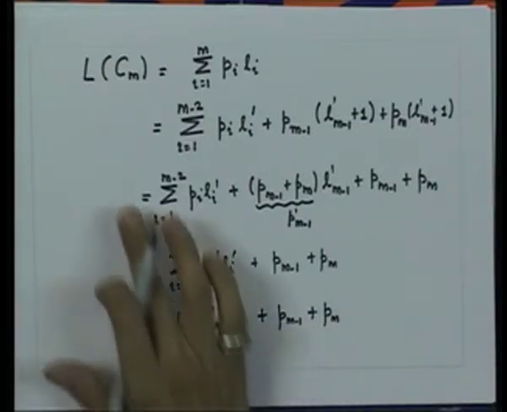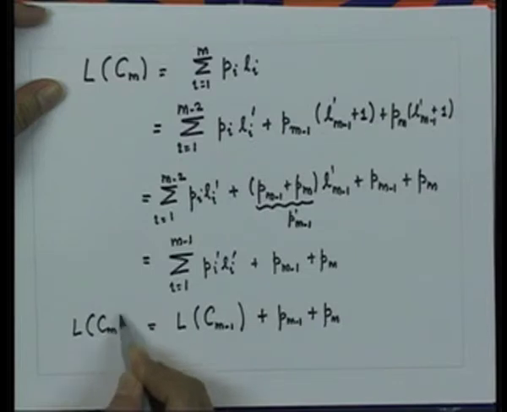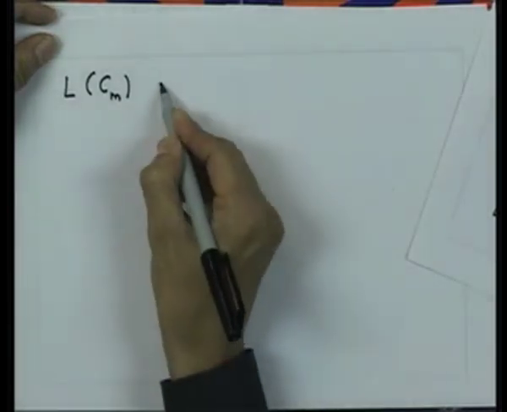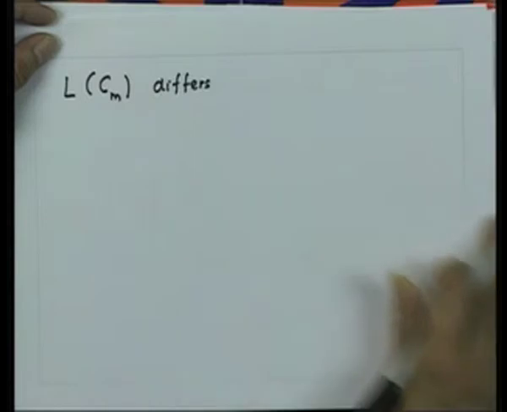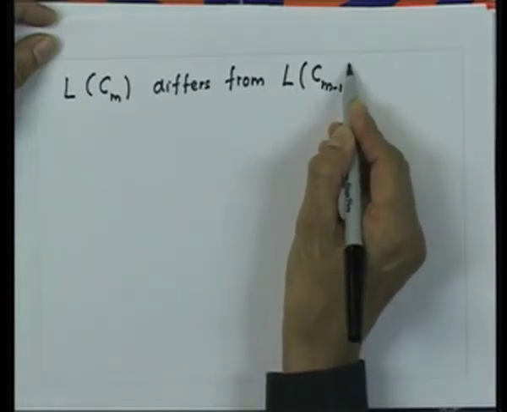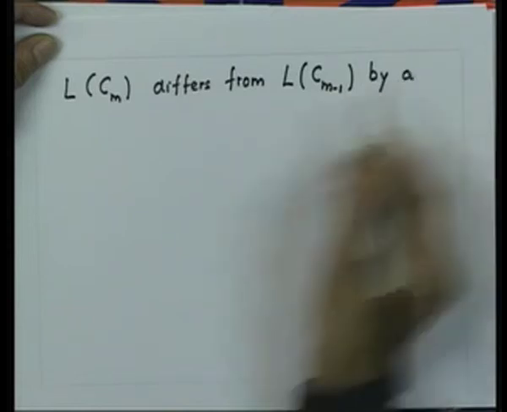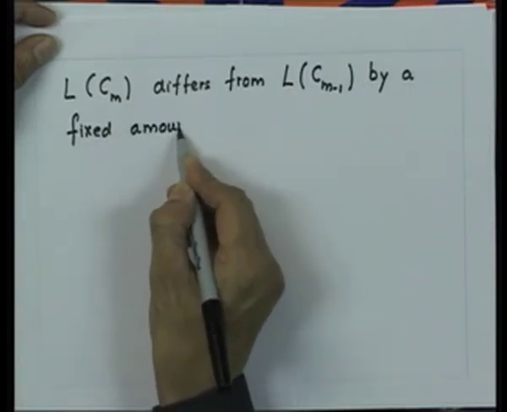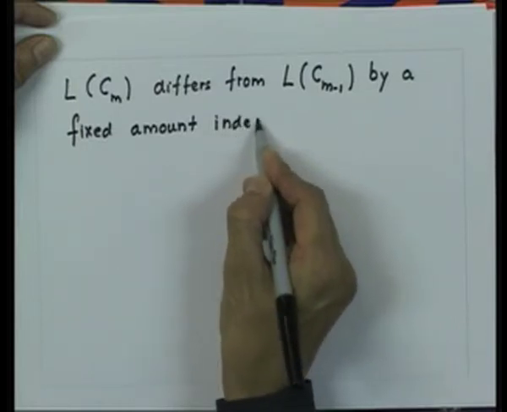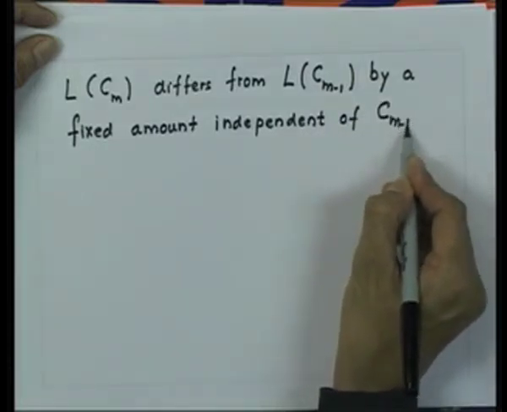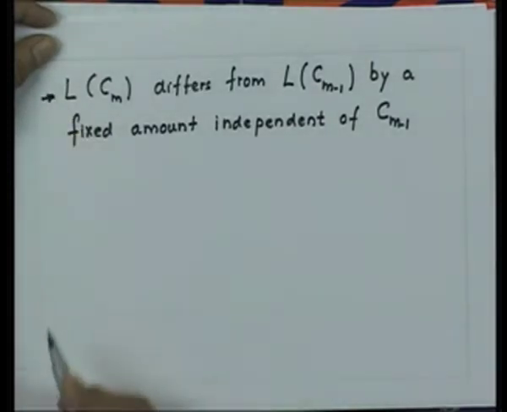So, if you look at this expression, we can say that the length of Cm differs from the average length of C of m minus 1 by a fixed amount, independent of C m minus 1. So, this is the conclusion which we can draw.